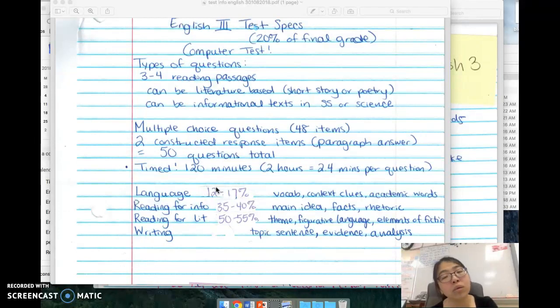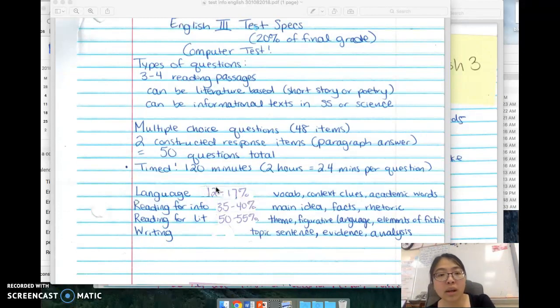And tone can change. What a story or an essay is talking about can change in the middle of it. So you really want to make sure you get the theme or the main idea that you're supposed to get by the end of the passage, because a lot of the questions will be about the main idea. It's just going to ask you the same things in different ways.